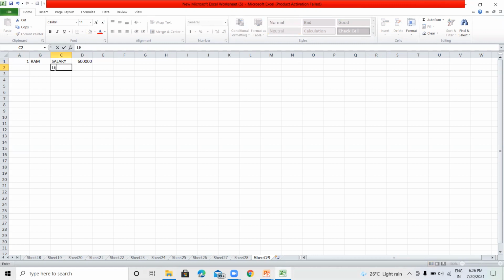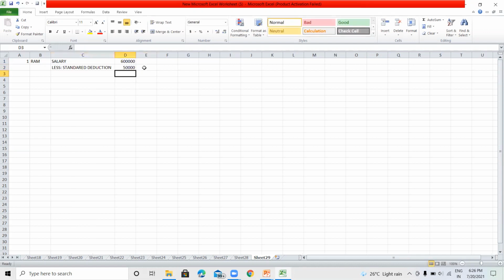We will provide less standard deduction. The standard deduction is 50,000 rupees, so we will provide 50,000 as standard deduction, and the taxable amount will be 5,50,000.